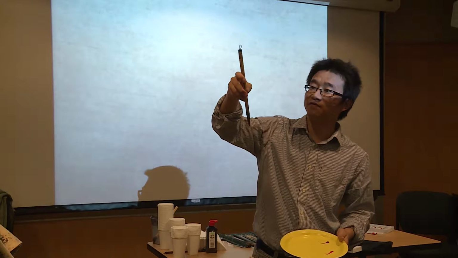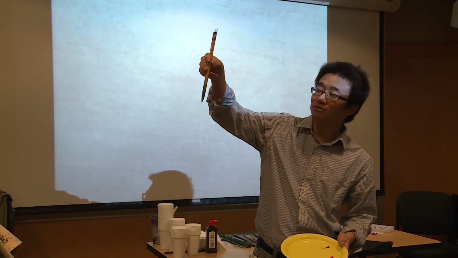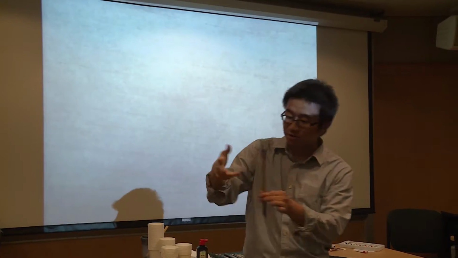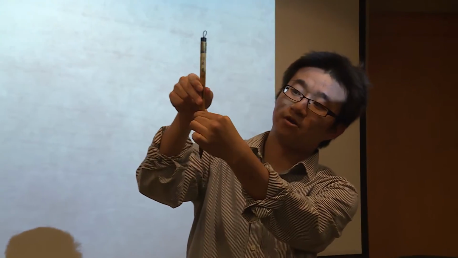Around the middle of the brush stick, you use these two fingers to hold one side, and your thumb holds the other side, and the rest of the two fingers hold the other side. Just something like holding half an egg in your hand. Yeah, something like this.